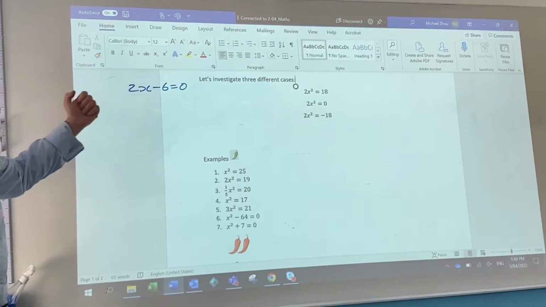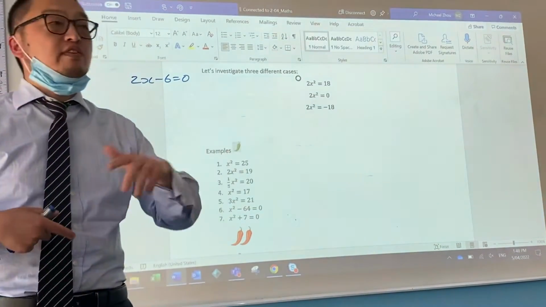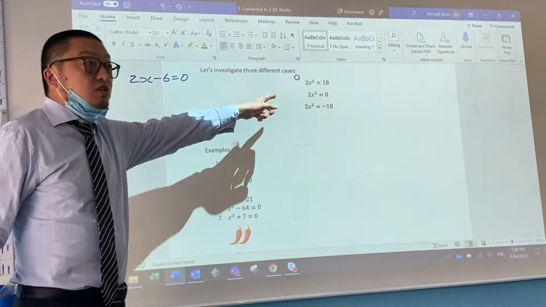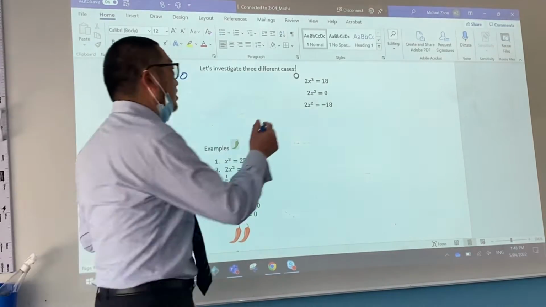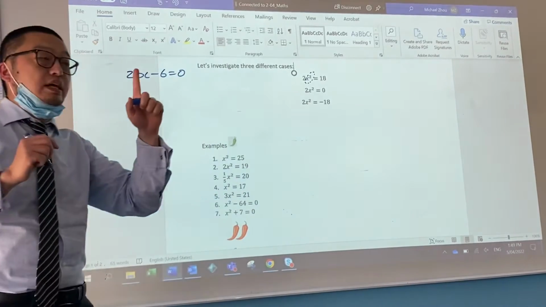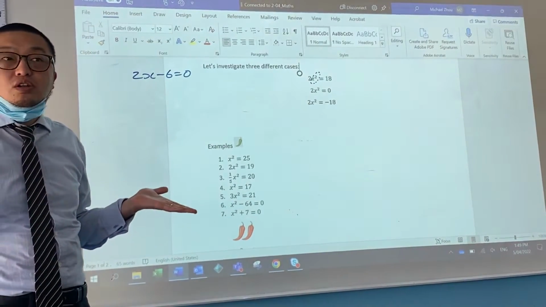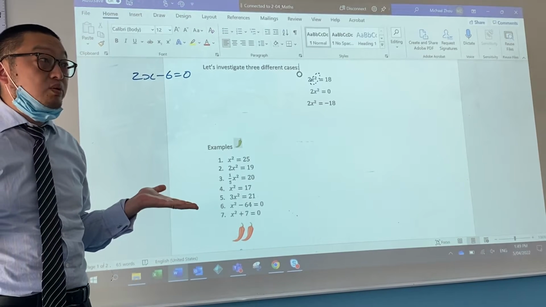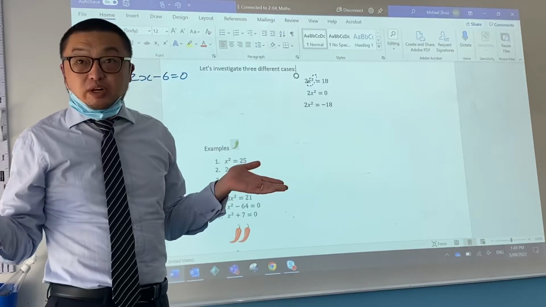With all equations, we're solving for x or solving for y. Now, 2x squared equals 18. So you think, okay, I'm going to consider x squared as 1 unit. Like 2 times something is 18. 2 times what is 18? 2 times 9 is 18, very good.